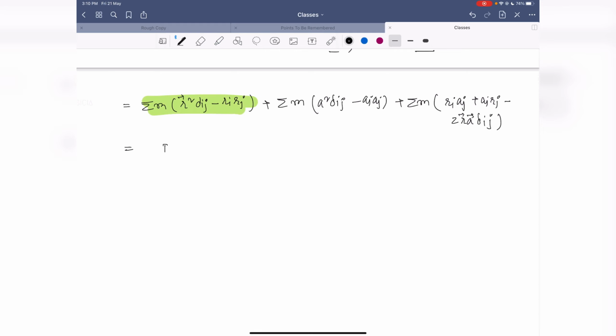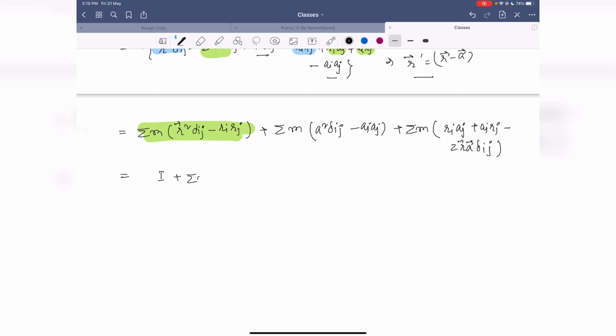So I can write the first term as our moment of inertia I. So I will write it as I plus the summation of m times (a square delta ij minus ai aj), plus, now this is the summation of m, so I can write the mass of the whole body as capital M. Now this is Ri, so I can write it as R center of mass. Similarly, aj will be aj, and Rj I will write as R center of mass.